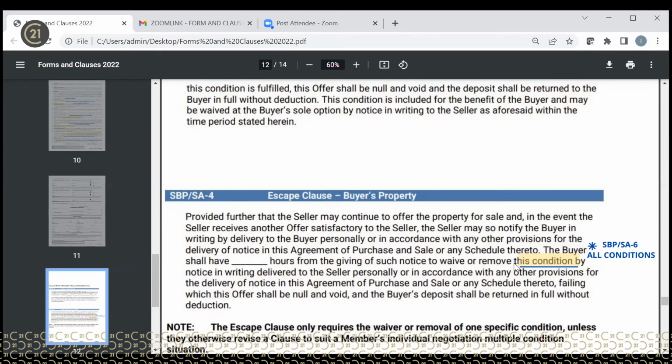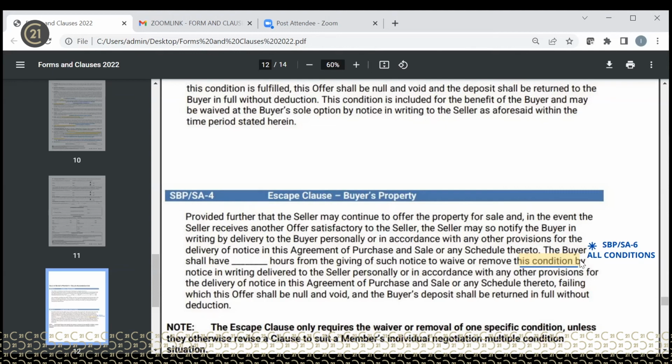The other thing is your escape clause. There are a couple of different escape clauses in there, and they're worded exactly the same, except in this one, as the buyer's agent, you are removing this condition, but any other conditions that you may have in your offer, such as financing or building inspection, remain in the offer.